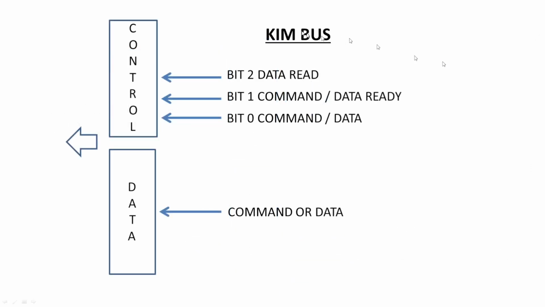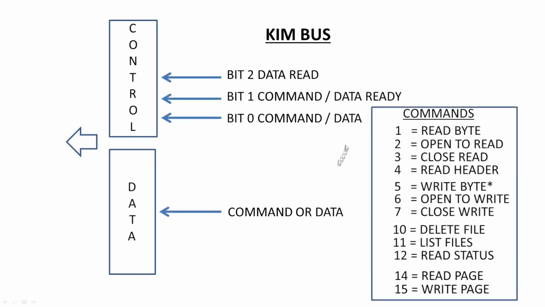So here we are from the KIM bus side of things. This is what the KIM's going to be sending out. Now it can send these different commands, and what it does is put the command into there and then set the bits to say there's a command ready to go. So we can read a byte, or we can open a file to read, or we can close the read file, or we can read the header of a file.